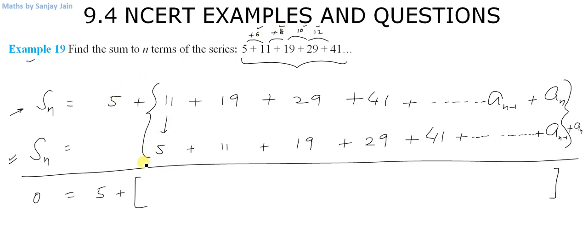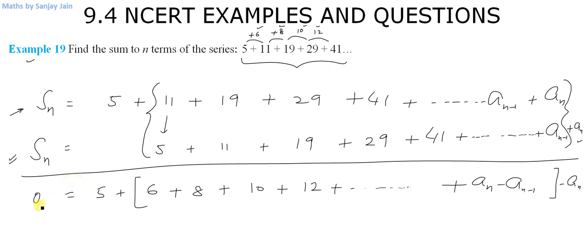We have just noticed above, right? This will be 6, this will be 8, this will be 10, and then 12, and so on. And the last term will be a(n-1) minus a(n). So this is the difference that I have written.